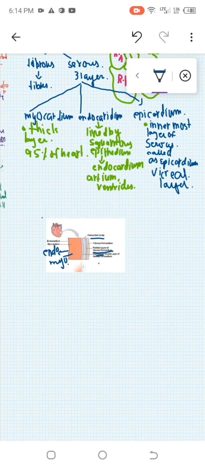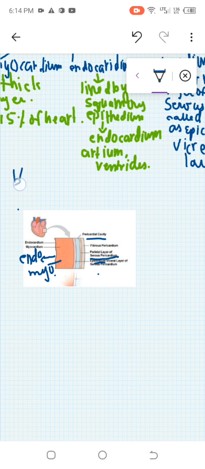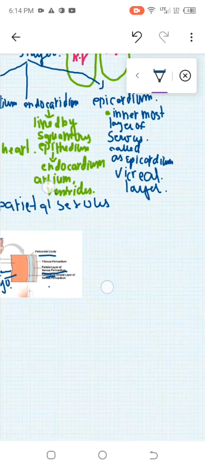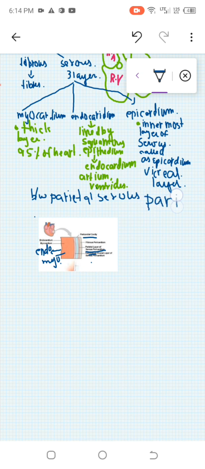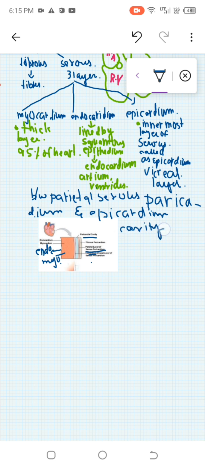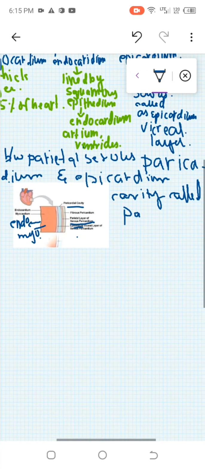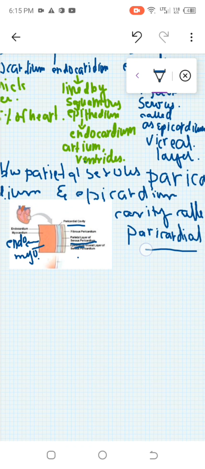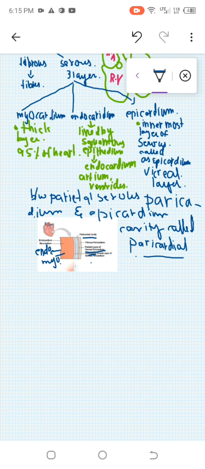Let me write here: between the parietal serous pericardium and the epicardium, the cavity present is called the pericardial cavity. I hope this is clear to you with the diagram.